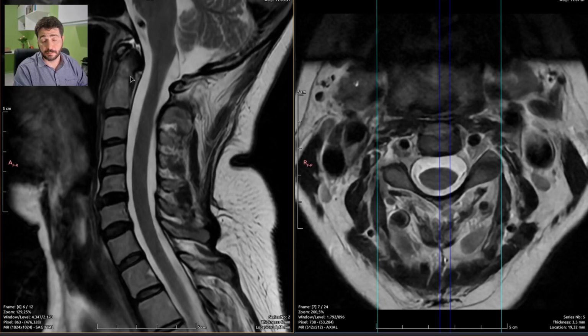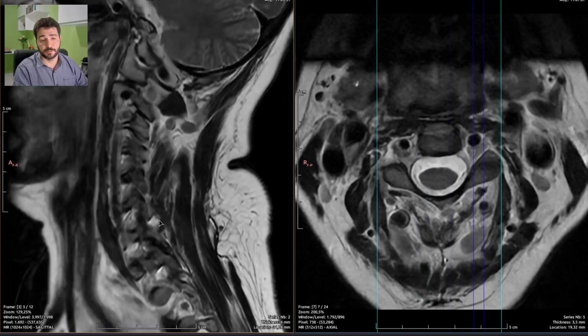This is the second vertebra, the C2, which is the axis, and this is the third. So it's 2, 3, 4, and 5. So this is 5, 6, and 6, 7.